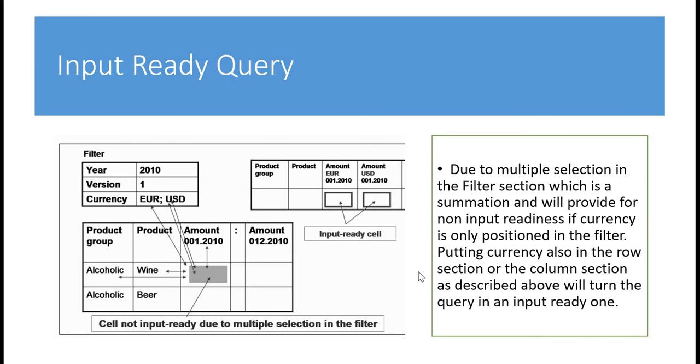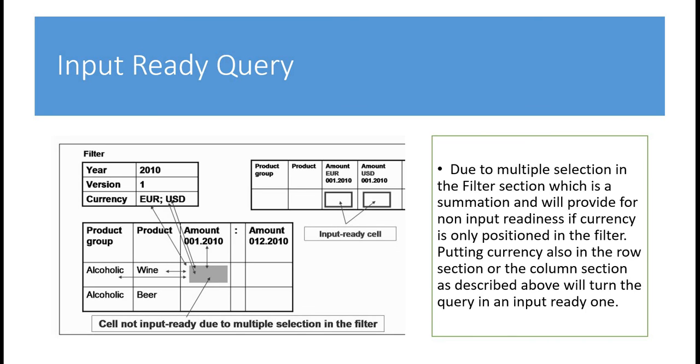Coming to the next example, here also this amount is not input ready because you have a filter called currency where you have mentioned two values, and that is not the case for input ready.